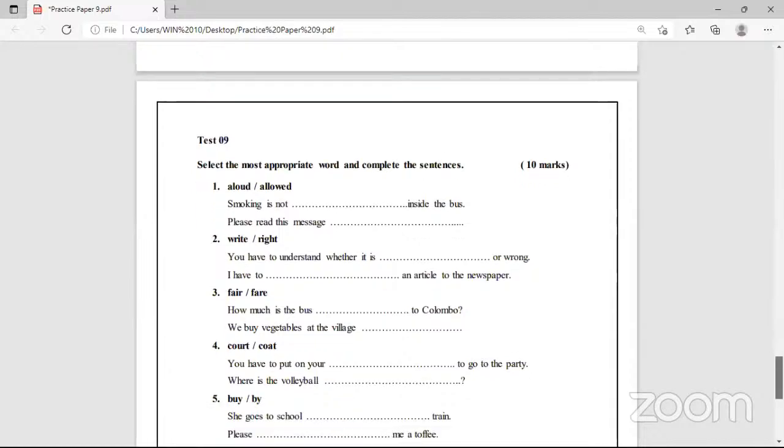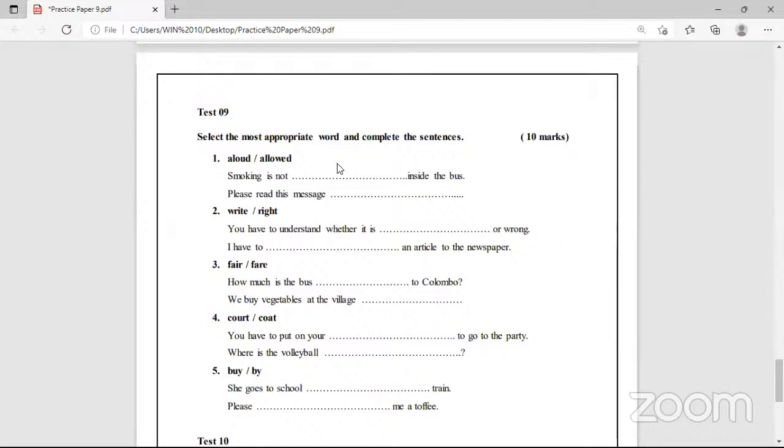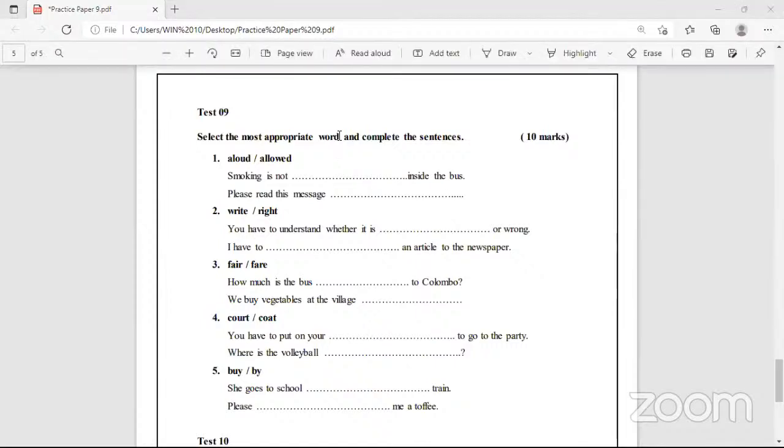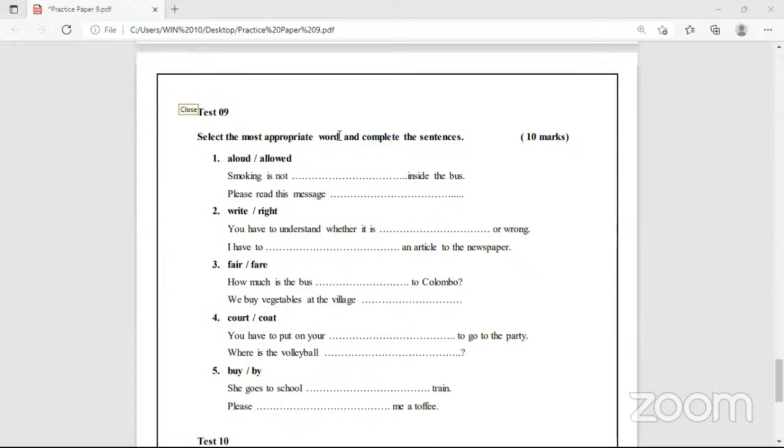Right. For test 9 here, select the most appropriate word and complete the sentences. There are homophones. Before that, let's discuss these answers, right?